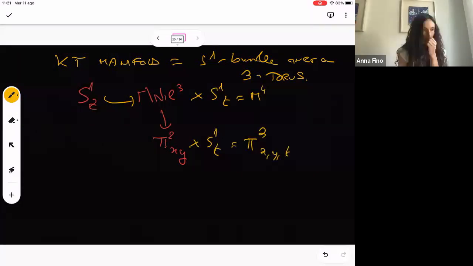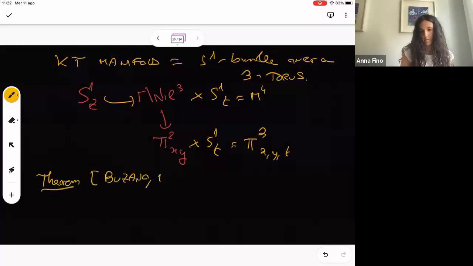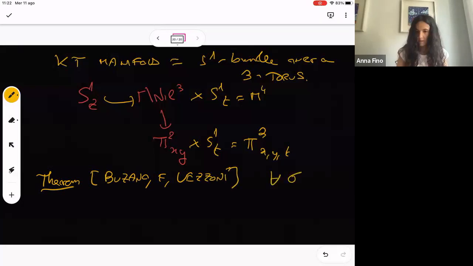And what we did is to show, that's a theorem with Buzzano and Vezzoni, that for any sigma we still have these things. So omega, the same, our Kodaira-Thurston, J, omega.